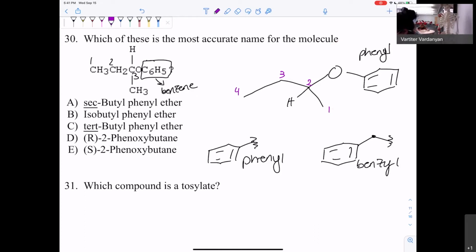So we would have a butane chain. And then on carbon 2, we have an ether substituent.